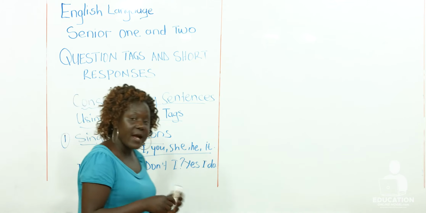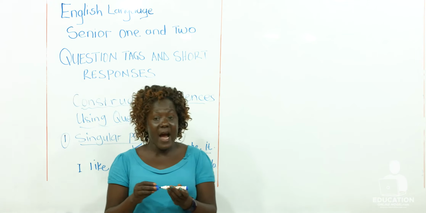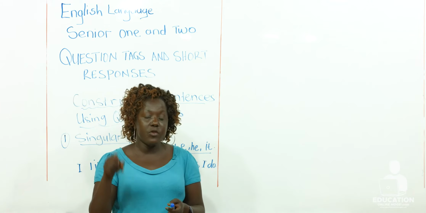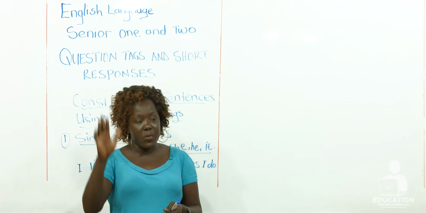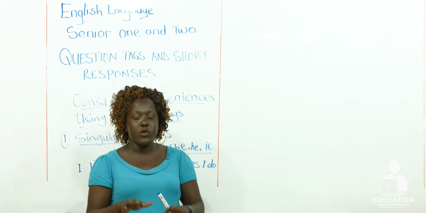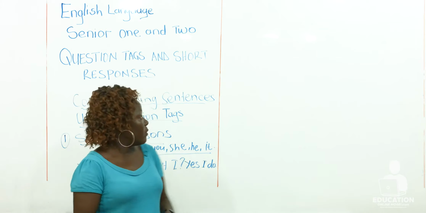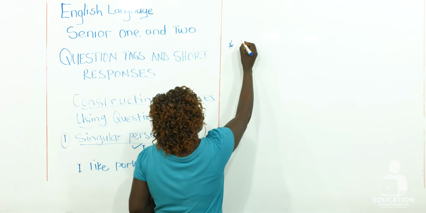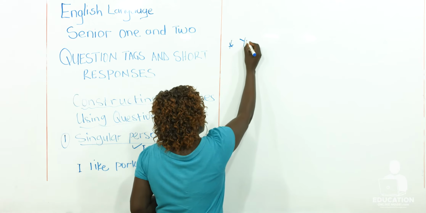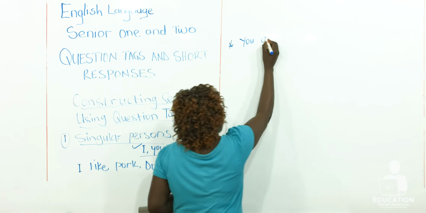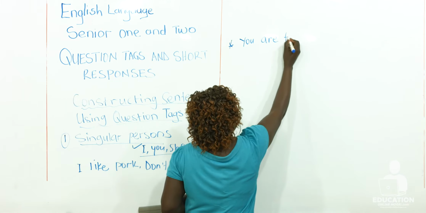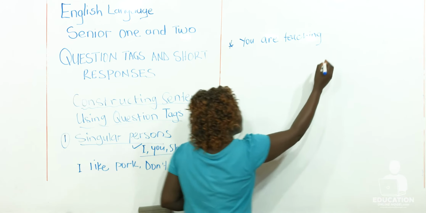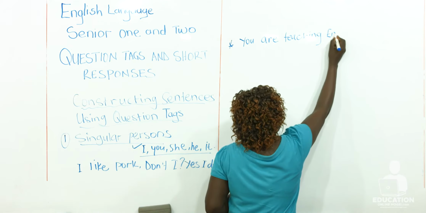Observe this one. Then you. I told you clearly that you is just like I. Even if it is singular or plural, you still maintain the plural form of the verb. For instance, look at this sentence. You are teaching English.